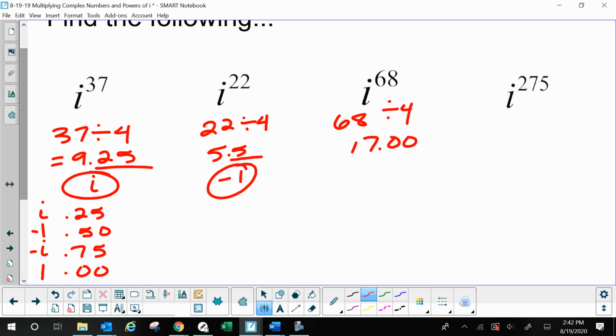So that's going to be a 1. What is 275 divided by 4? So that's going to be a negative i.